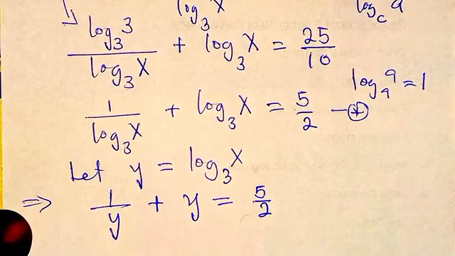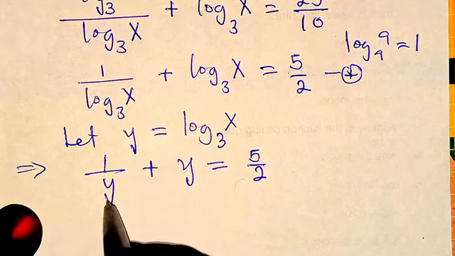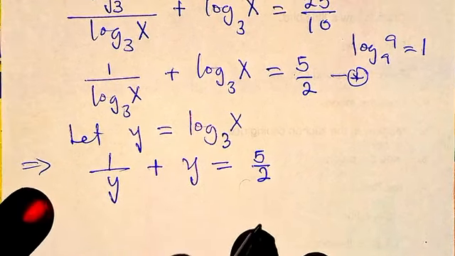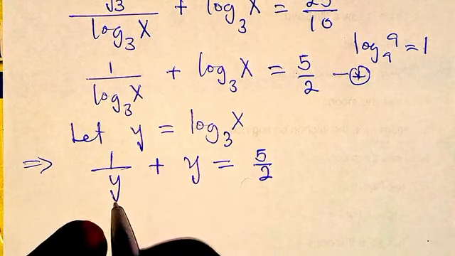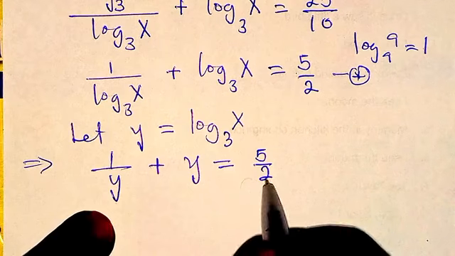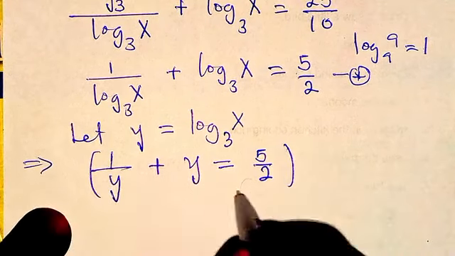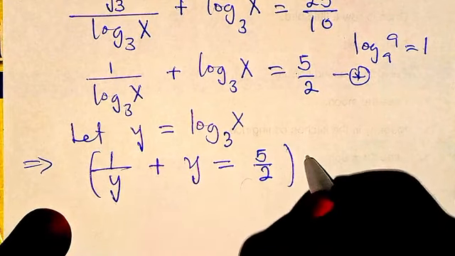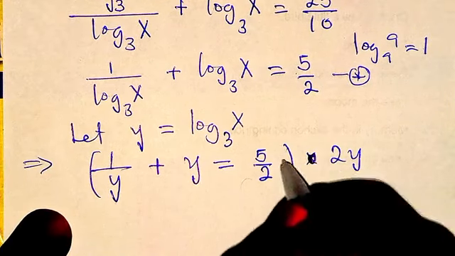So the next thing we are going to do is clear out this fraction. To clear the fraction, we look at what we have as the denominator. You can see that we have 2 and y as the denominators. Therefore, we multiply this entire equation by 2y.